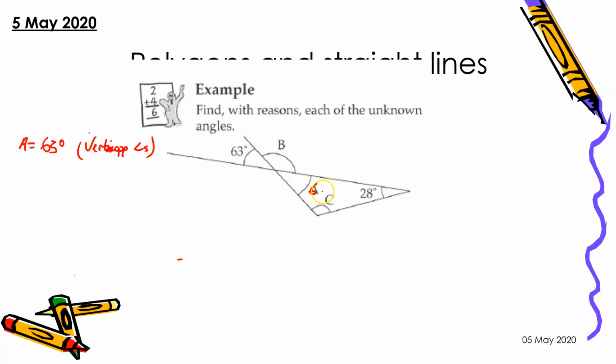So straight away that's 63. Then because 63 and B are on a straight line, we know that B must be equal to 180 minus 63, which is equal to 117.